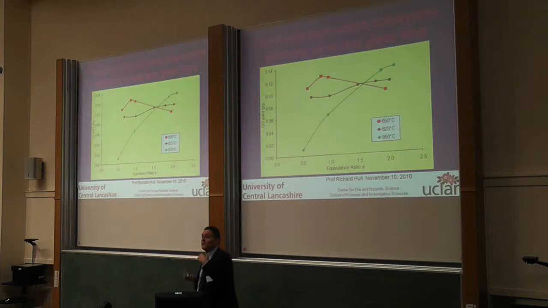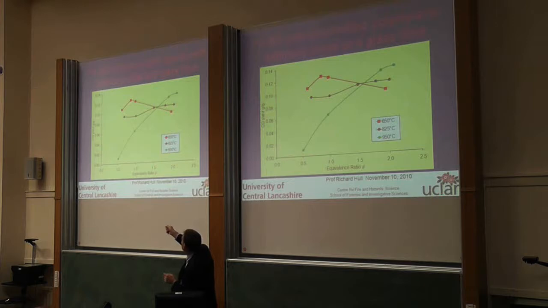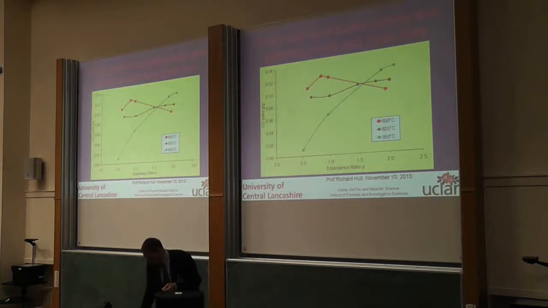So what happens in low temperature flaming at 650, we're getting high yields of carbon monoxide because we're having effective inhibition. But when we get to higher temperatures, then we're losing that inhibition effect, we're losing the flame retardant effect of the brominated polystyrene.